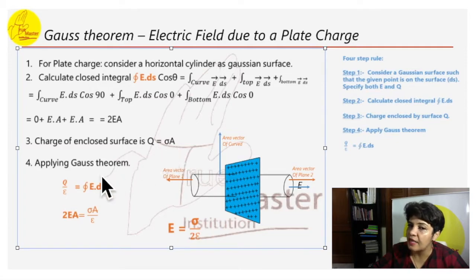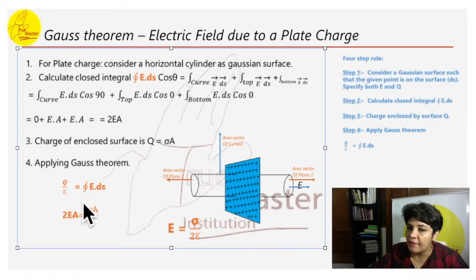Now putting the values in step 4, applying Gauss theorem: Q by epsilon naught equals closed integral E dot ds. E dot ds can be written as 2EA. We have not simplified the area here, like we have not opened it up into pi r square, so we are just writing 2EA.